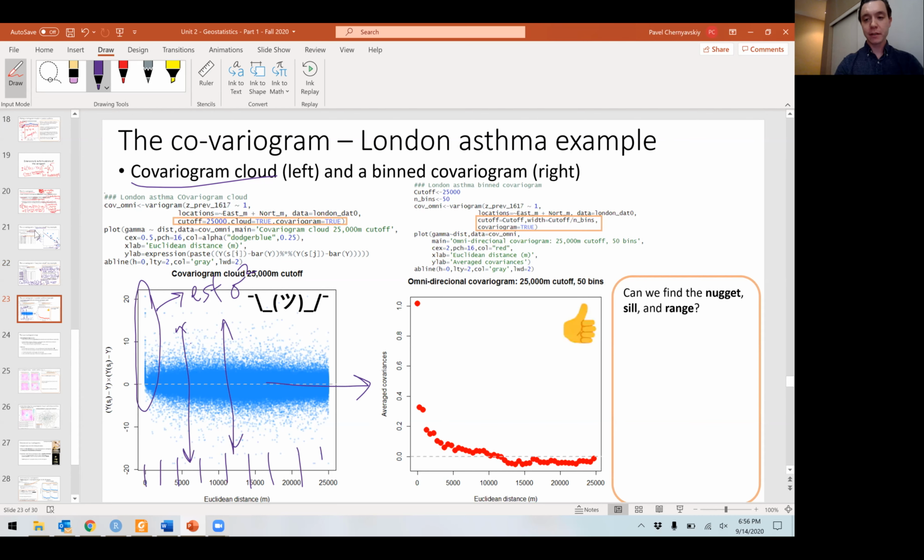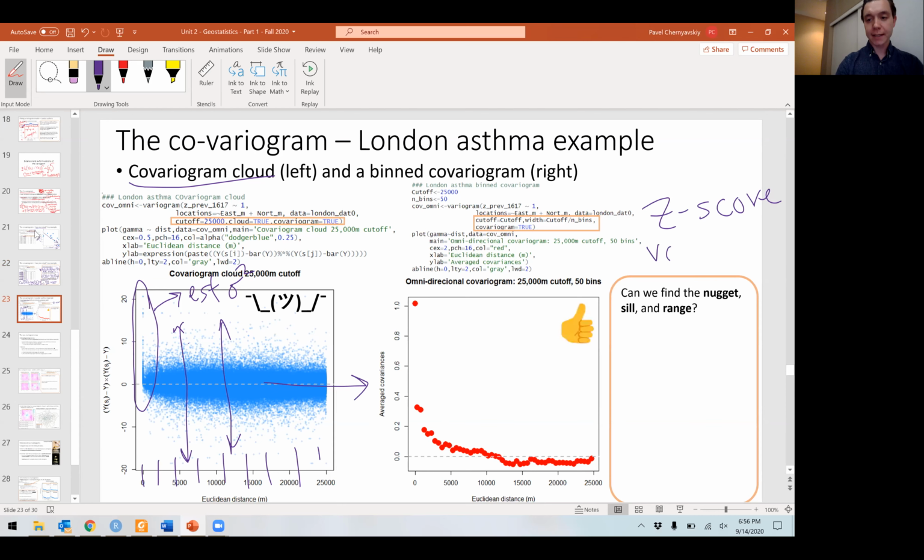Remember that I'm dealing with a z-score, and so the variance we know for a fact is equal to 1. Look at what's happening. At the distance of 0, my averaged covariance produces a 1. We like that. That makes sense, right?